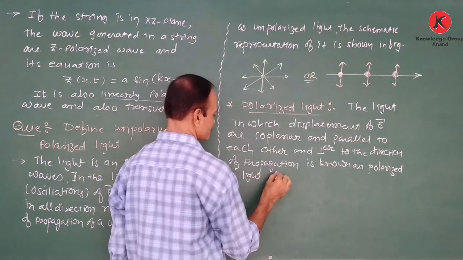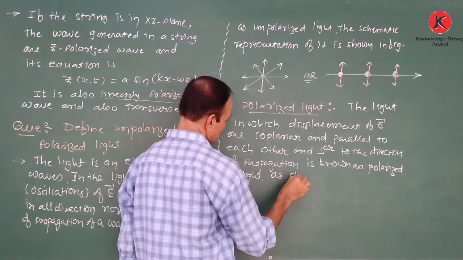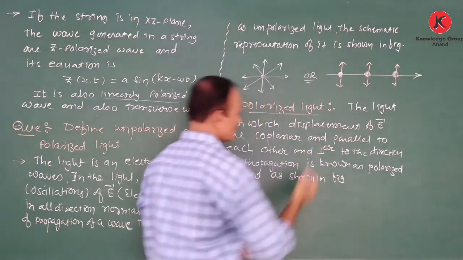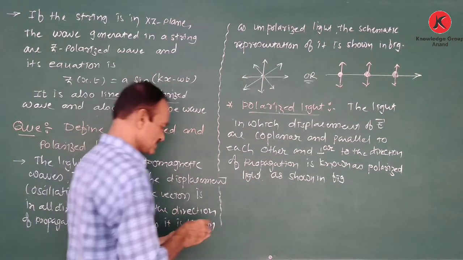As shown in the figure. So polarized light is shown in this manner.